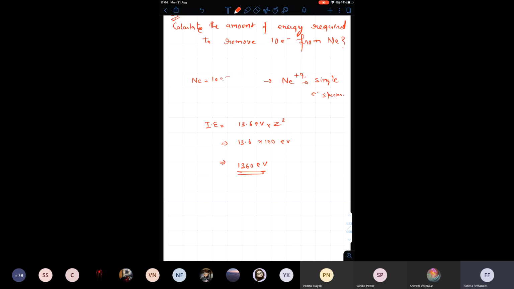So it should be 10, right? It was 10. Then I square it. I have to square it also, no? So no, it should be 10th. So it is like we should remove all the 10 electrons.